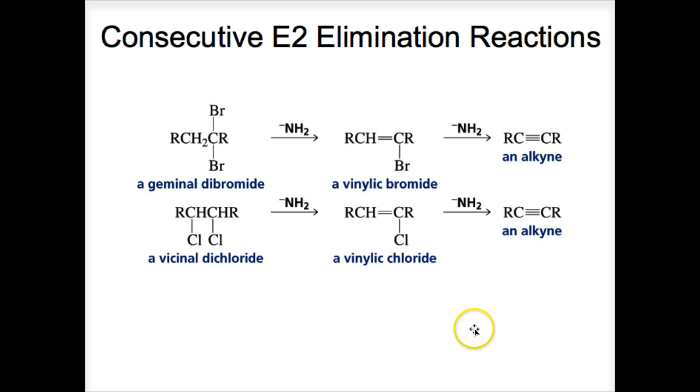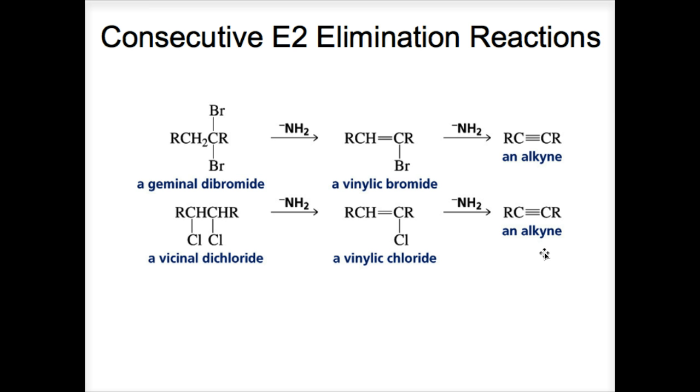Now, back to the slide here. If 2 halogens are on the same carbon, known as geminal dihalides, or on adjacent carbons, known as vicinal dihalides, in this case, geminal dibromide and vicinal dichloride, 2 consecutive E2 dehydrohalogenations can result in a triple bond. There they are. This is how alkynes are usually synthesized.